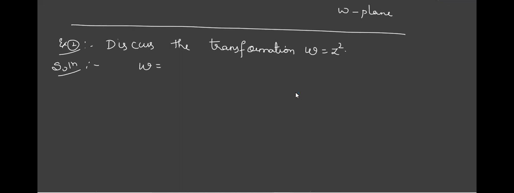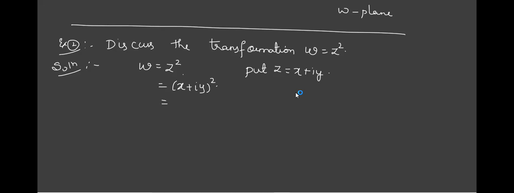Now w is z square. Again, what should be the first intention? Substitute z by x plus iy, and we need to express it as u plus iv. So this is x plus iy the whole square. How can we simplify it?